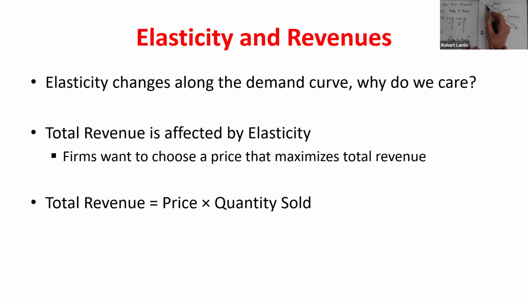As I start to lower the price, when demand is elastic, what is happening to total revenues? As I lower the price, a small percent change in the price leads to a large percent change in the quantity demanded. So overall, total revenue is going up. As I lower the price, I'm selling more units, and total revenues are increasing.